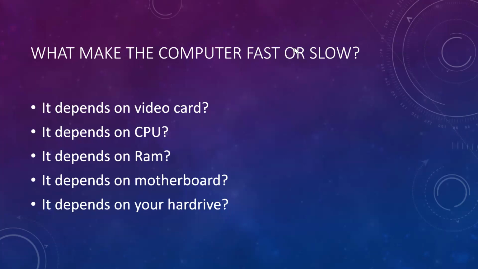I think it depends on the CPU and RAM. Yeah, mostly the most important factors for whether your computer is fast or not are the CPU and the RAM, and the motherboard also has a slight influence on the computer speed.